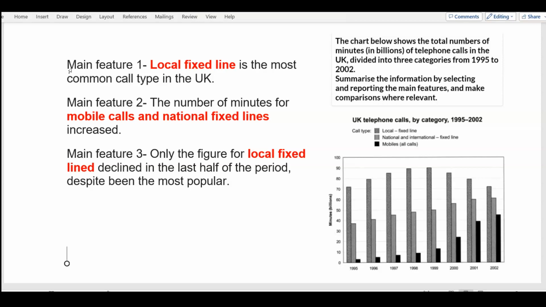So let's examine the three main features that we have got from all the points that we raised. The first one is that local first line is the most common call type in the UK, and that is true. You can see here it is the most common call type.